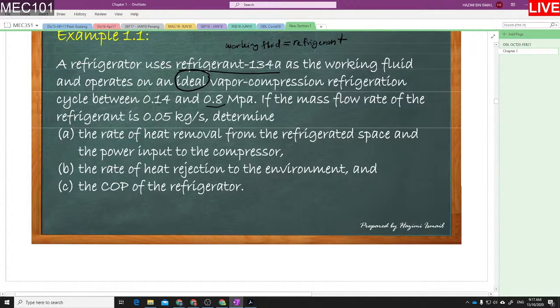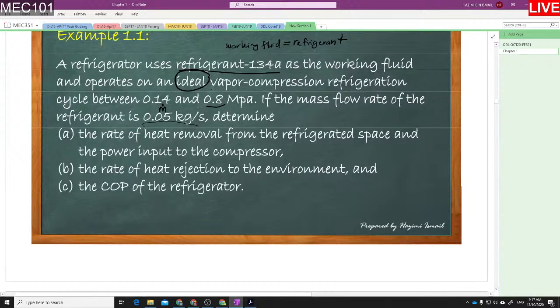megapascal. And then the question says the mass flow rate of the refrigerant is 0.05 kilogram per second. Okay, highlight everything that is important. This is the mass flow rate.